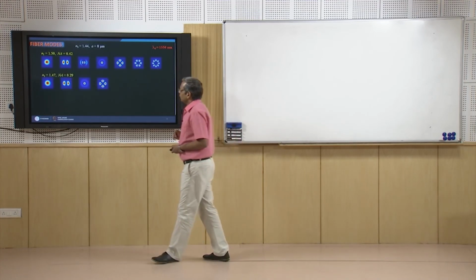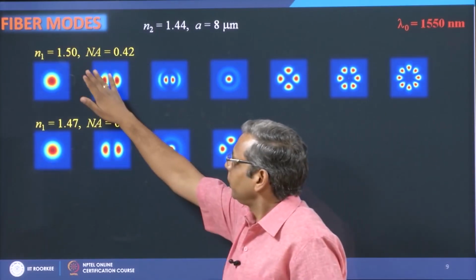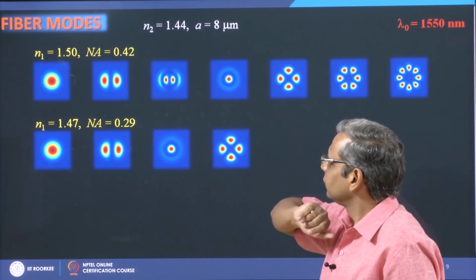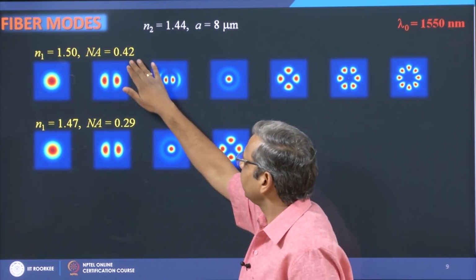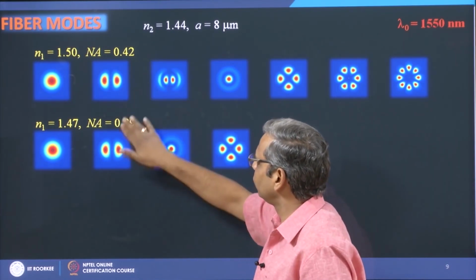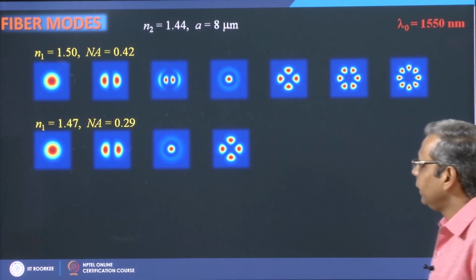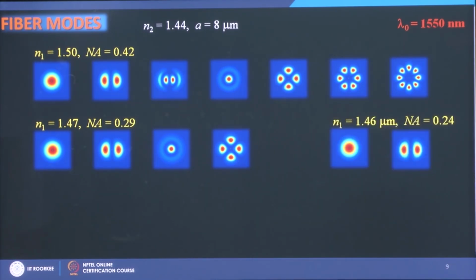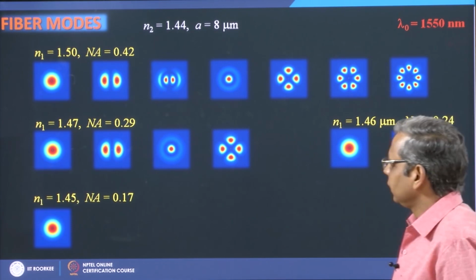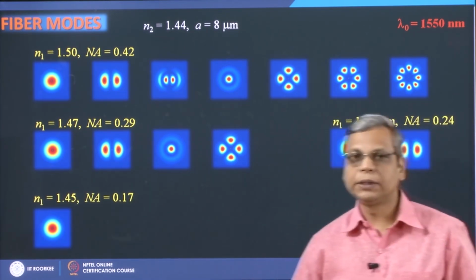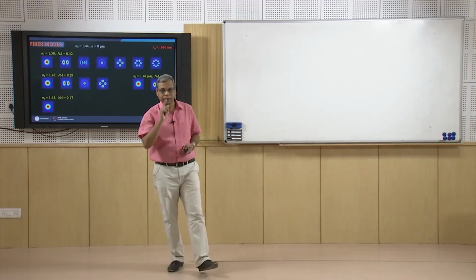If I change N1 from 1.5 to 1.47 and correspondingly change the numerical aperture from 0.42 to 0.29, I decrease the number of modes, and for 0.24 numerical aperture there are only 2, and then if I bring down the numerical aperture to 0.17 there is only one mode.